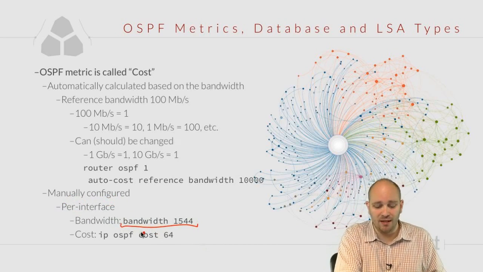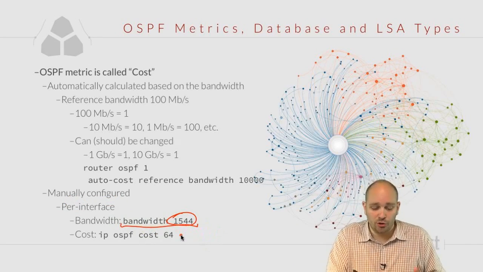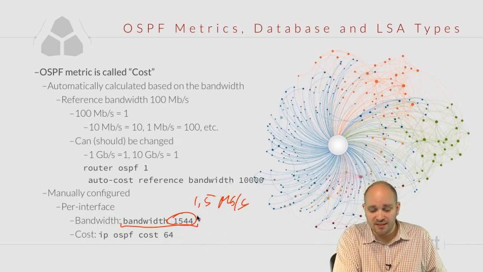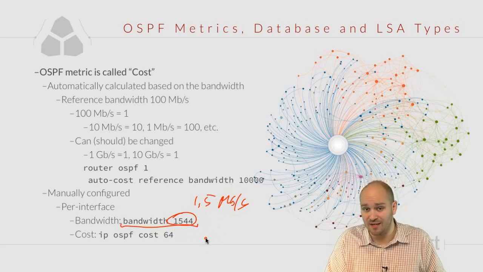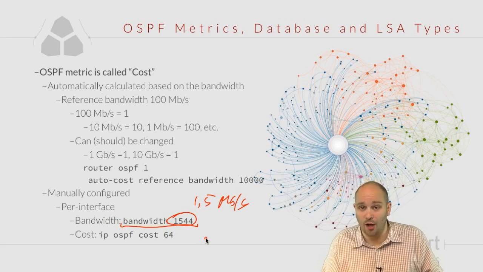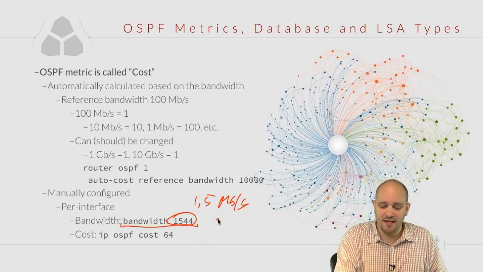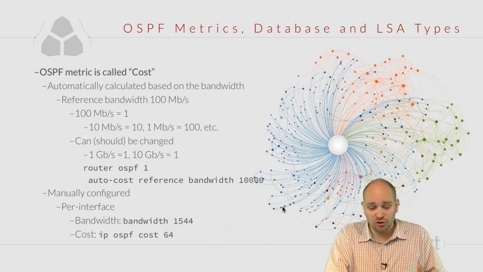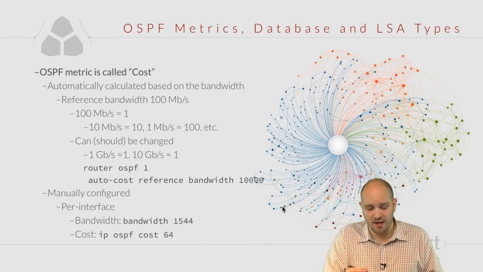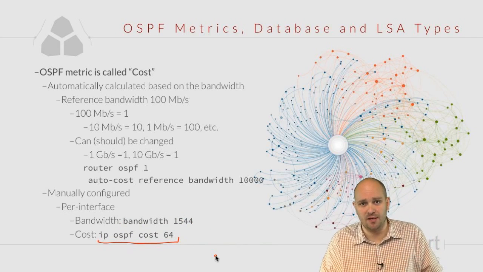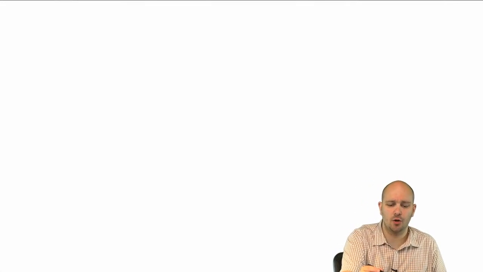For example, setting bandwidth 1544 is going to set this to 1.5 megabits per second, which is the default bandwidth perceived by, for example, serial interfaces in IOS. This would result in a calculated cost of 64. But we can also directly set the OSPF cost, again on the interface, using the command ip ospf cost 64.